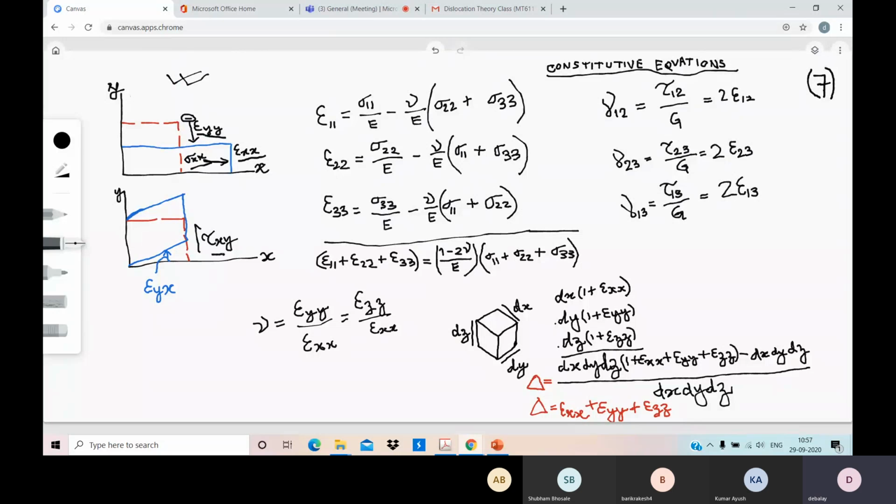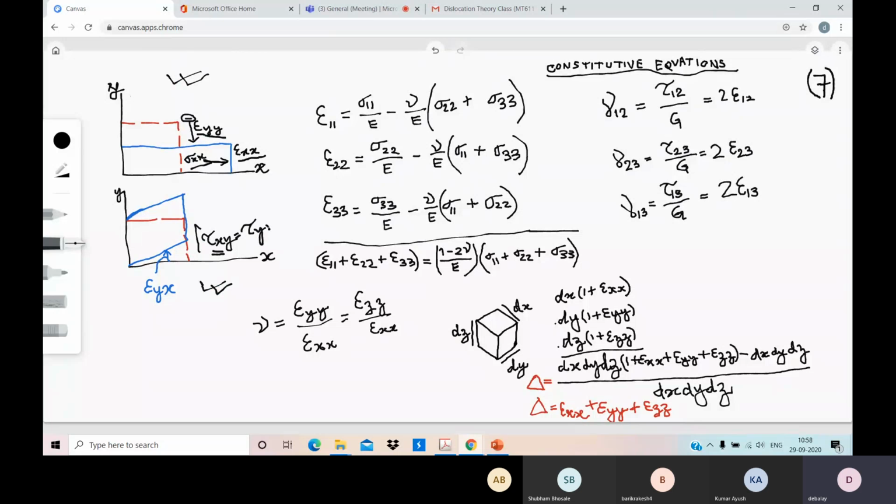Let us have a look at the second plot. What we are trying to show is that I am applying a shear stress, which I am writing as tau xy. It is acting on the x plane in the y direction, and we know that tau xy is basically the same as tau yx.